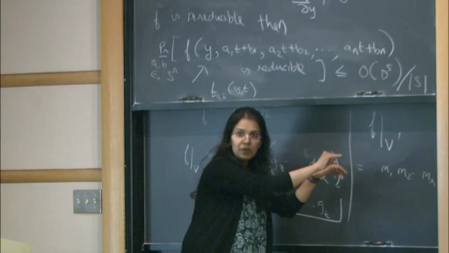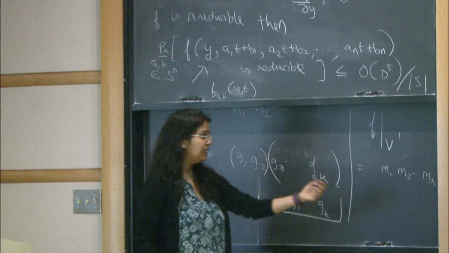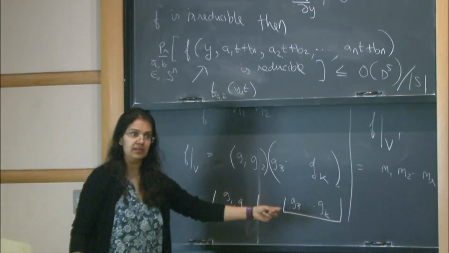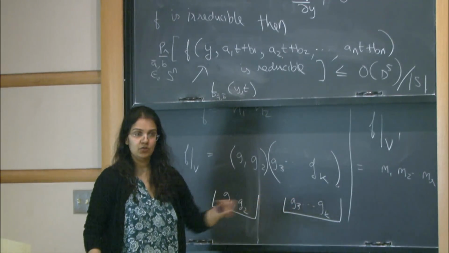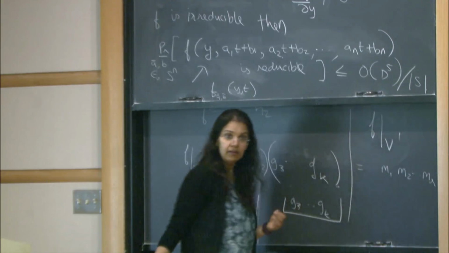I need to find the good grouping of these mi's. Which one corresponds to h1, which one corresponds to h2. So each of these mi's has to go into one of these two buckets. So the step in my algorithm is to find that good grouping here.